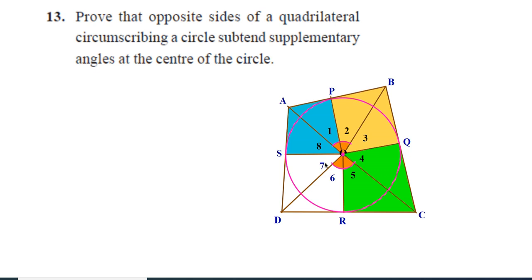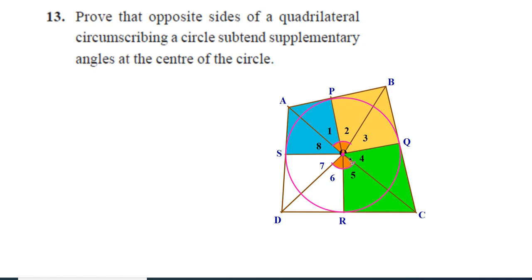So you will get 2 angle 1 plus 2 angle 2 plus 2 angle 5 plus 2 angle 6 is equal to 360 degrees in total. Now if you divide throughout by 2, you will get angle 1 plus angle 2 plus angle 5 plus angle 6 is equal to 180 degrees.